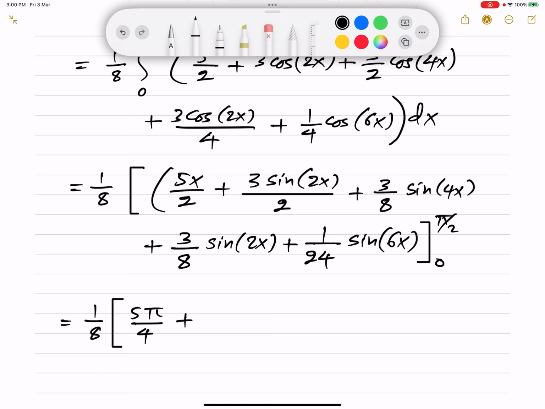And of course, the lower limit is going to give us 0. So basically, that is the final answer, which is 5 pi divided by 8 times 4, which is 32. So that is the final answer to this problem.